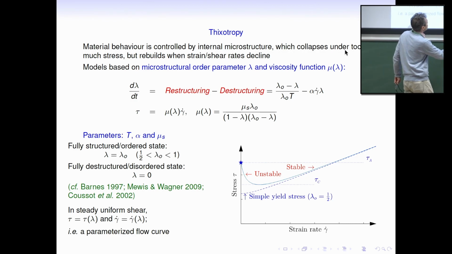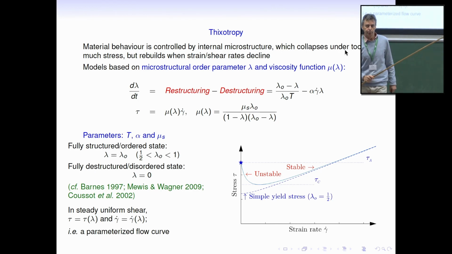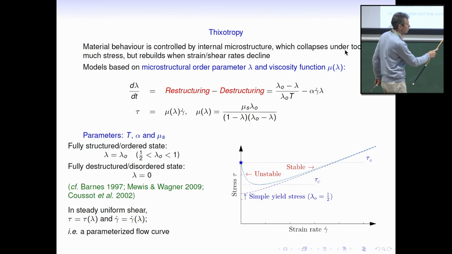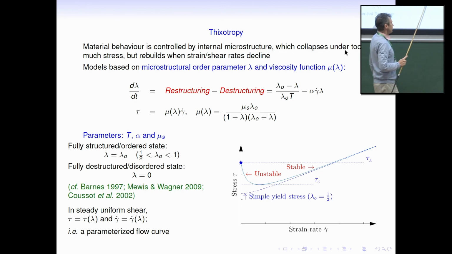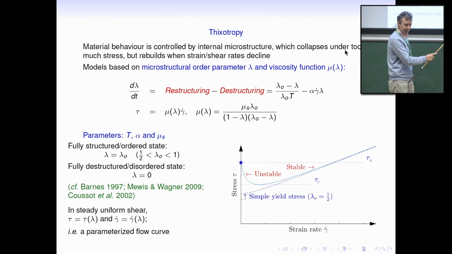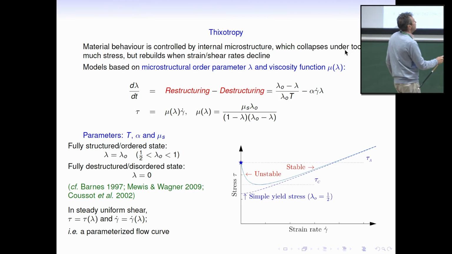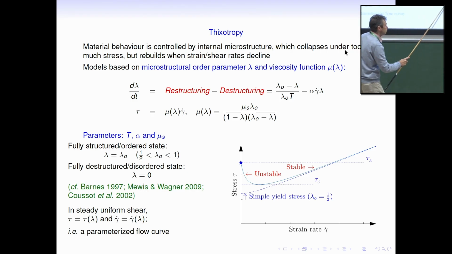Because we've now got an evolution equation, we can interpret, in some sense, what the stability of these various branches of the flow curve are, and you can establish that this bit's unstable and this bit's stable. So when you have a descending flow curve, the implication is that it's kind of unstable and everything will go terribly wrong there. And this is a stable branch.